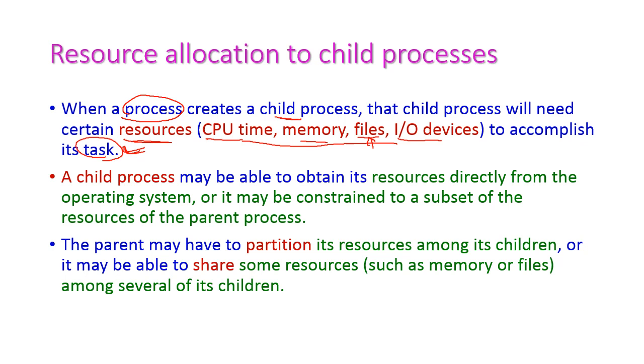The child process may obtain its resources directly from the operating system, so the operating system can directly allocate resources to the child process, or it may take some subset of the parent process resources. So the parent has to partition its resources among its children.